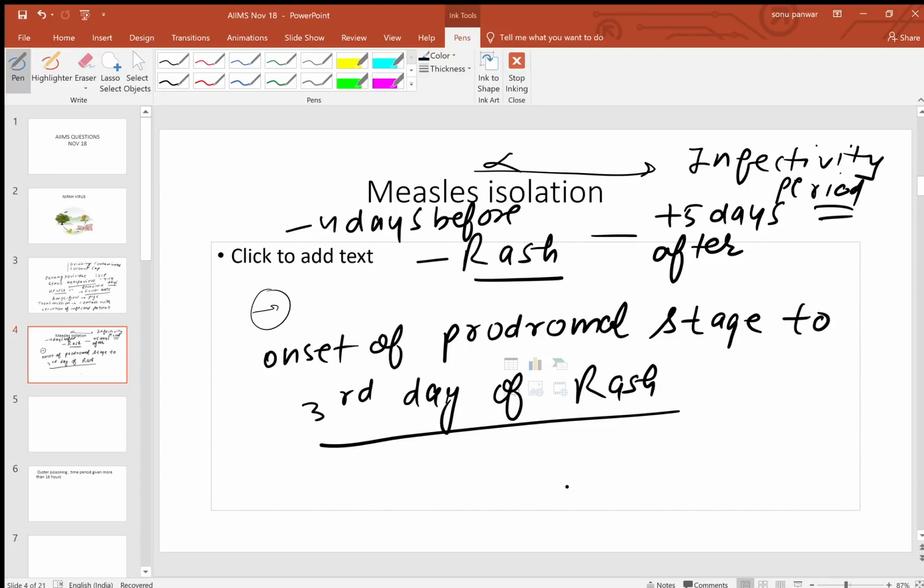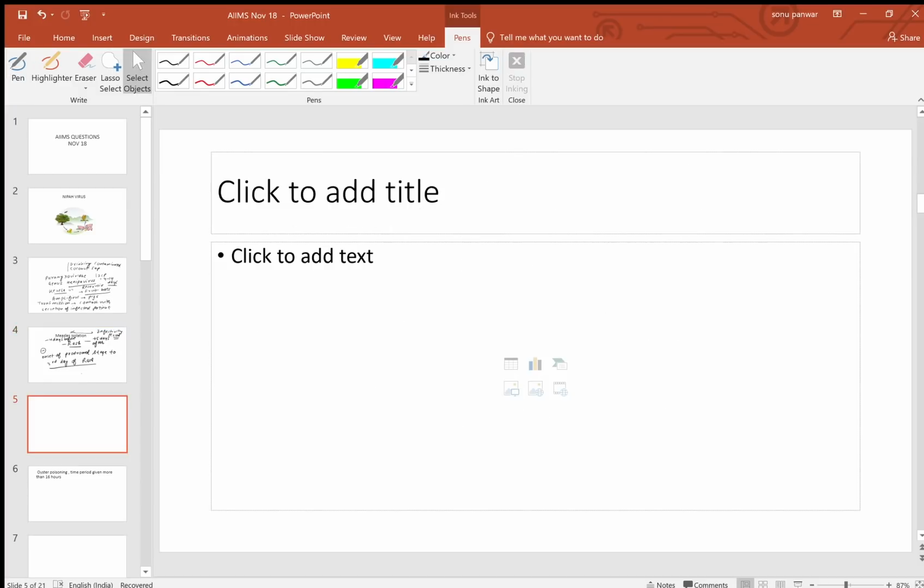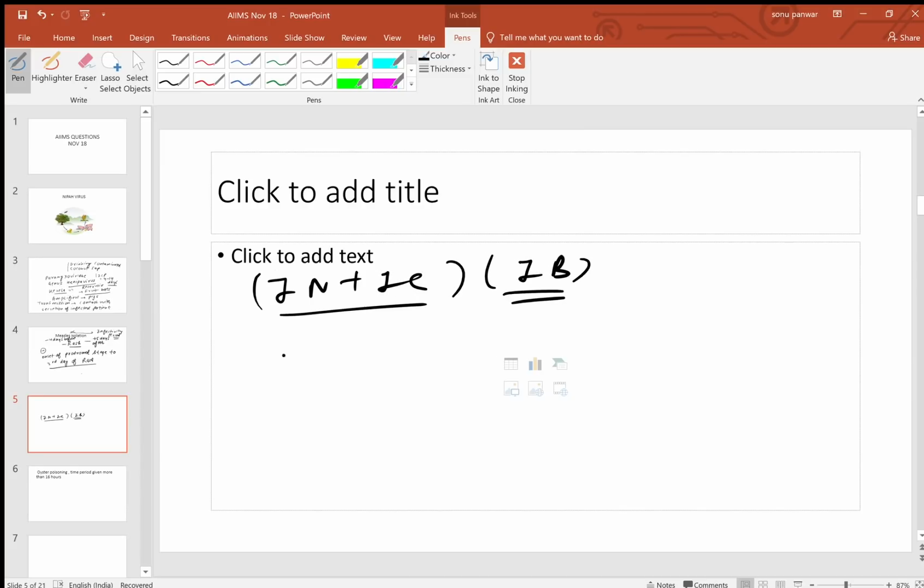In this, the thing which I think will come in the NEET exam also is the intranuclear and intracytoplasmic inclusion bodies. This question will come, and what is the name of this? The name of this is Warthin-Finkeldey cells.